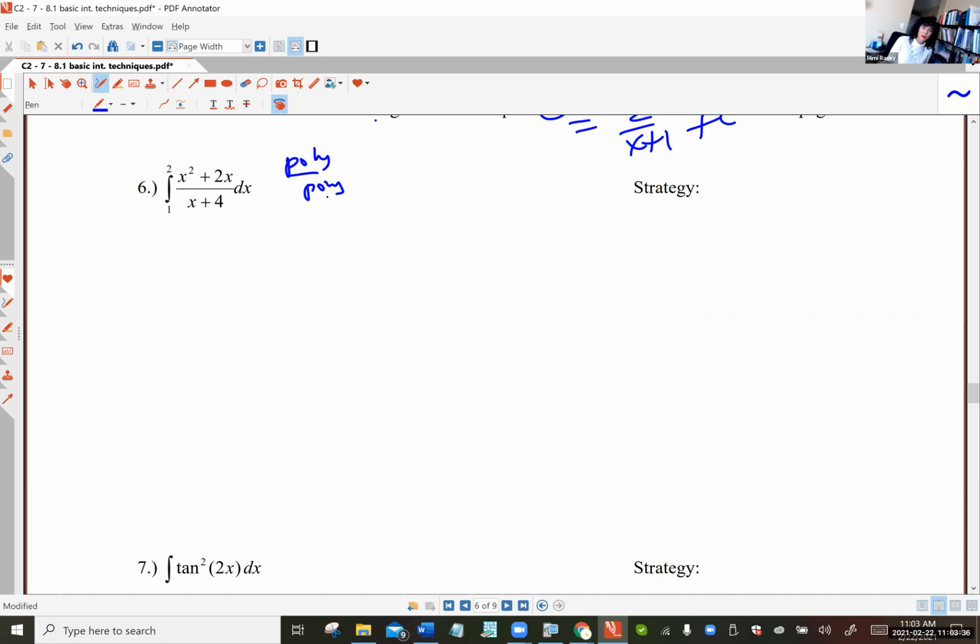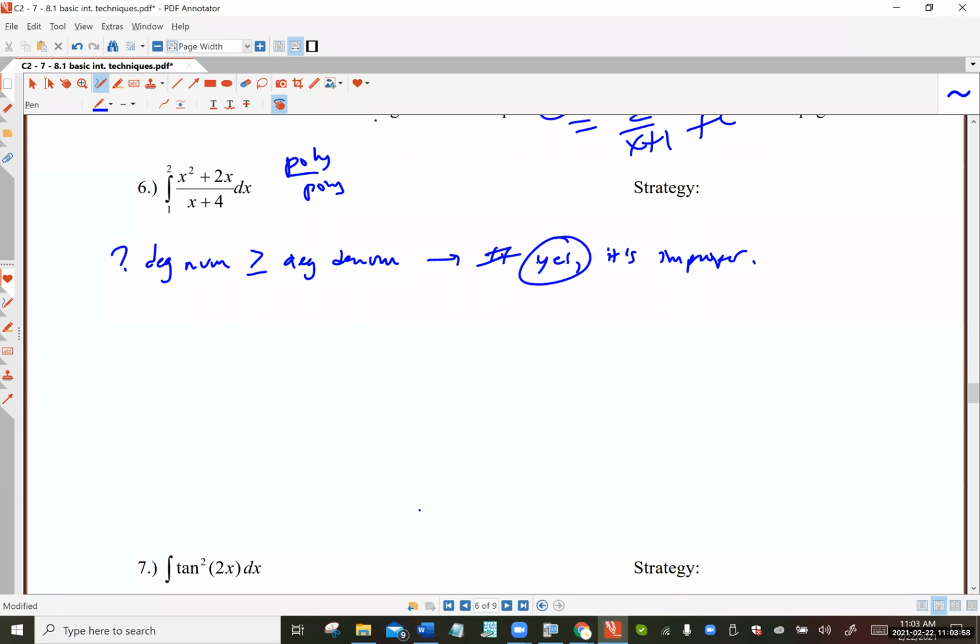Is it improper? So my question to you is, is the degree of the numerator polynomial greater than or equal to the degree of the denominator? If yes, it's improper. So yes or no? Yes. It's improper.